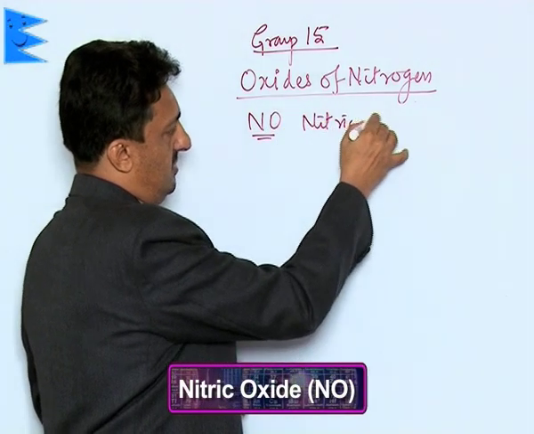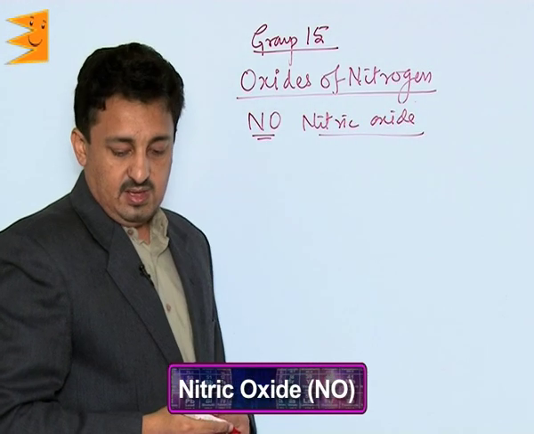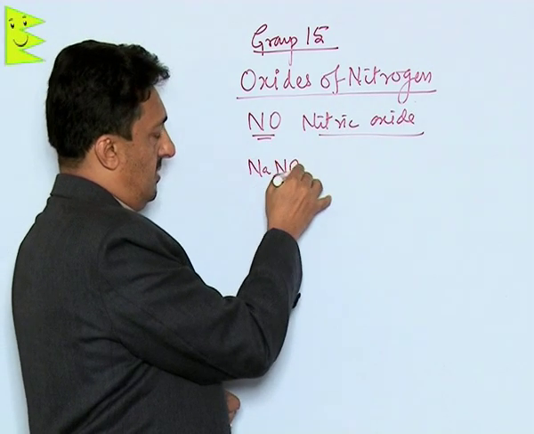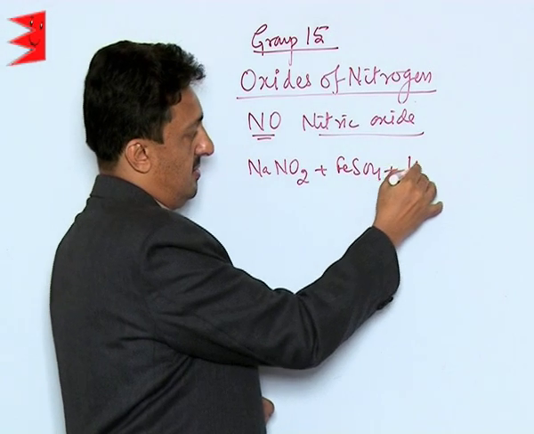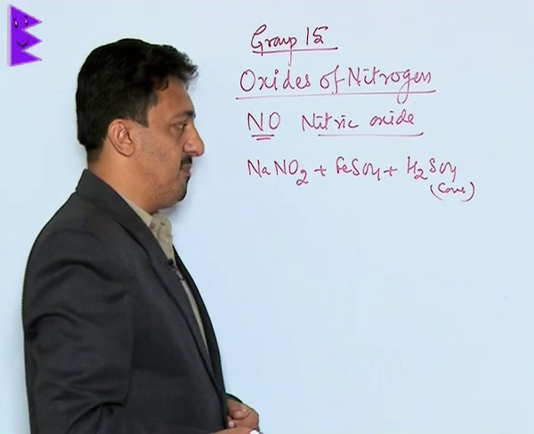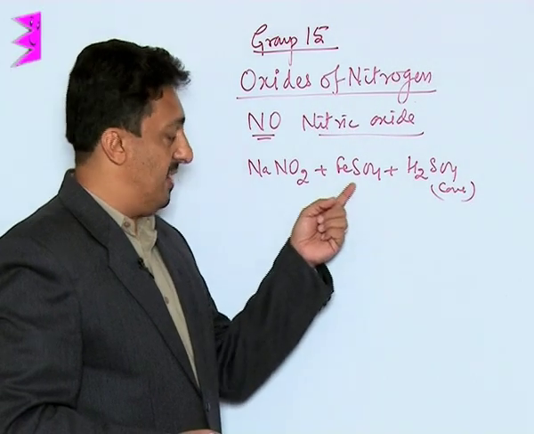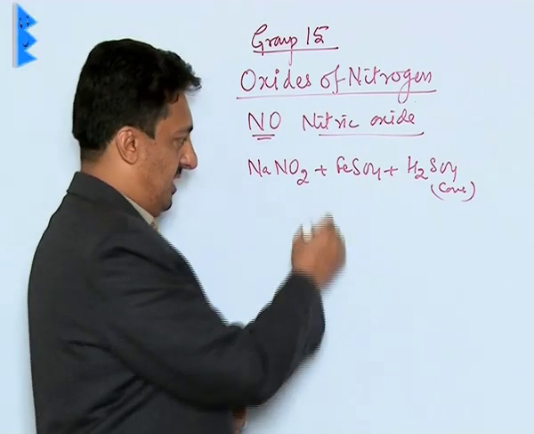It's called nitric oxide. It is prepared when nitrite salts are treated with freshly prepared ferrous sulfate solution with concentrated sulfuric acid.